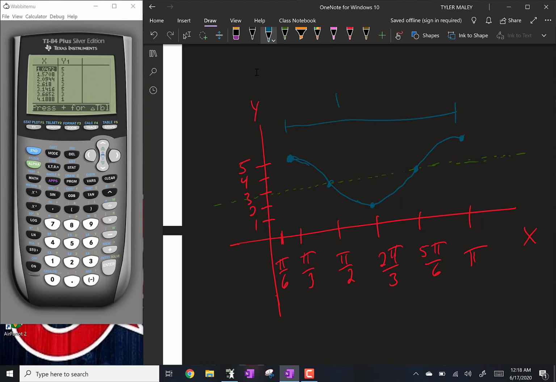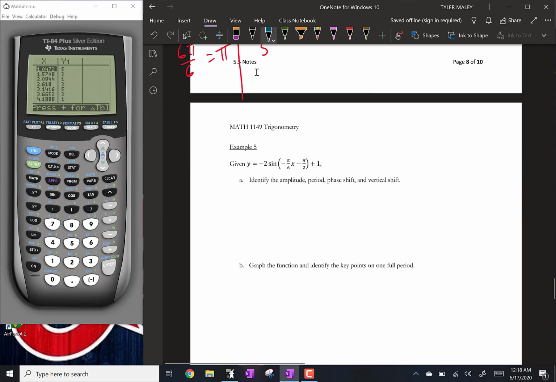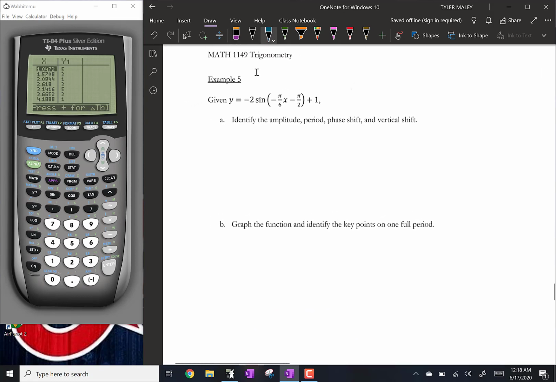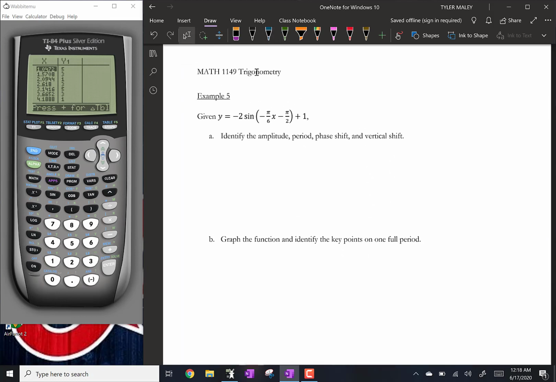So here's 1 period. Right, typical period. Just 1 full cycle. All right, so we have 1 more of these. So let's identify all the parts, right?